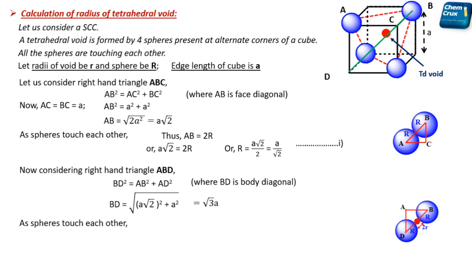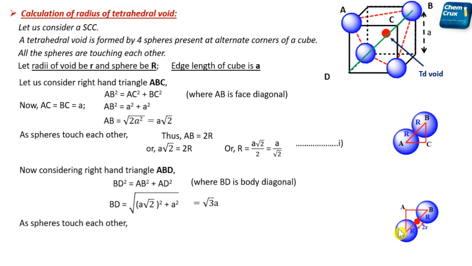But here, for the sake of simplicity, we have shown only the 4 spheres which are forming the tetrahedral void. But at point D, there is actually one sphere that is present, right? So R is the radius of the spheres, and the tetrahedral void is located at the center of the body diagonal, whose radius is small r, correct?